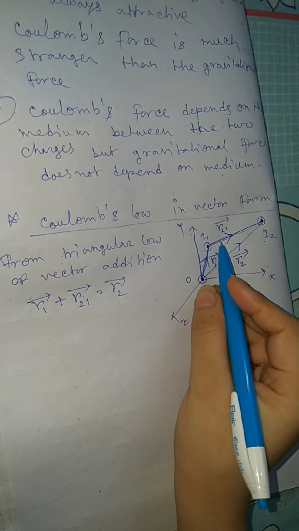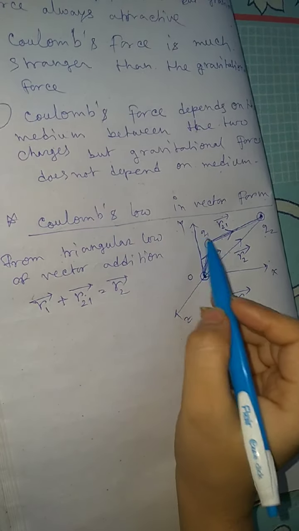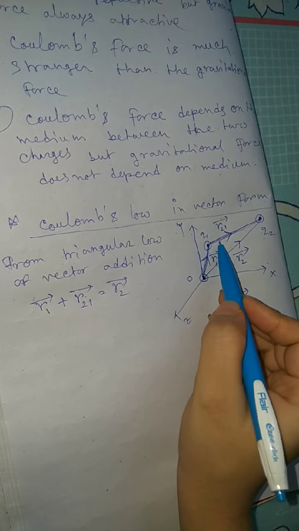These two vectors are in same order and this one is in opposite order. So this is the resultant vector of these two vectors.